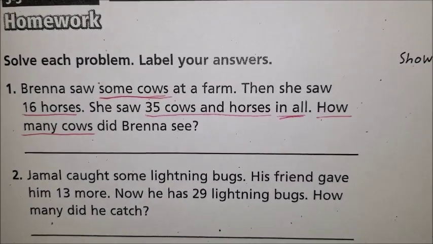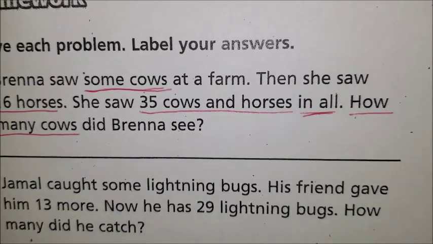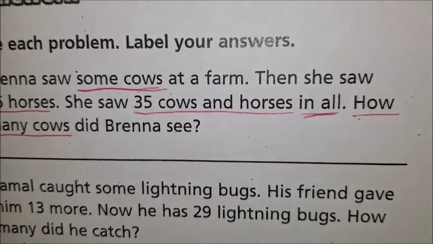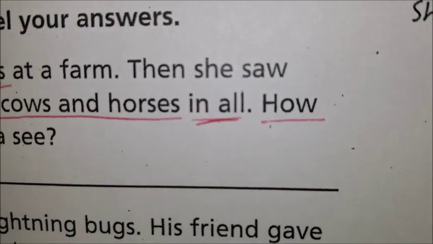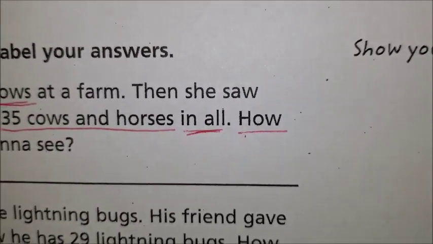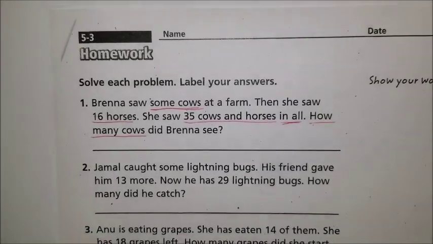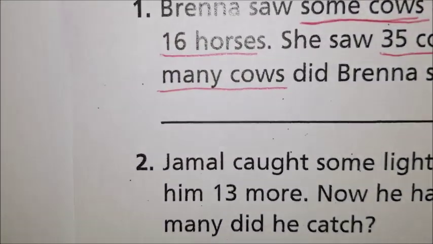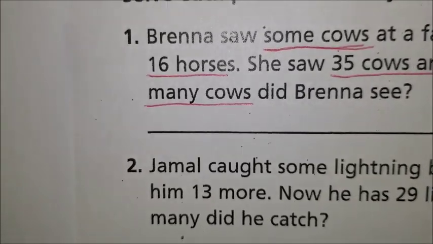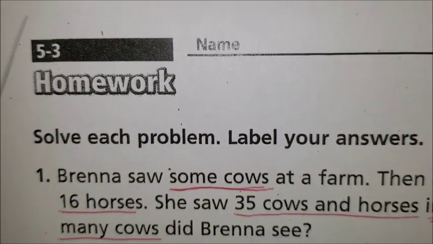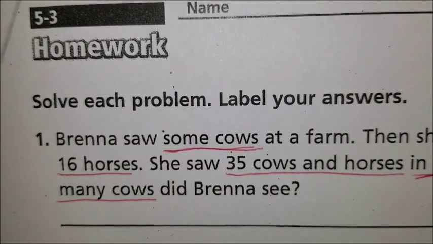We know that together we have 35 cows and horses in all. But that's not part of our question. The question we're supposed to answer is, how many cows did she see? But we don't know. What are we going to do?